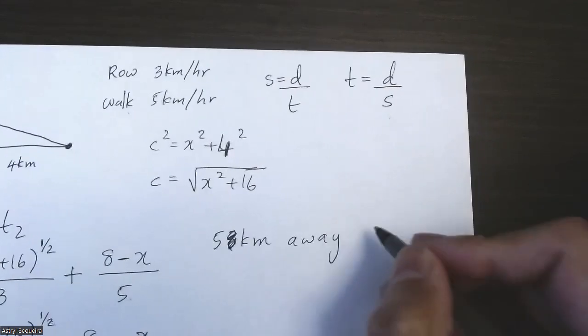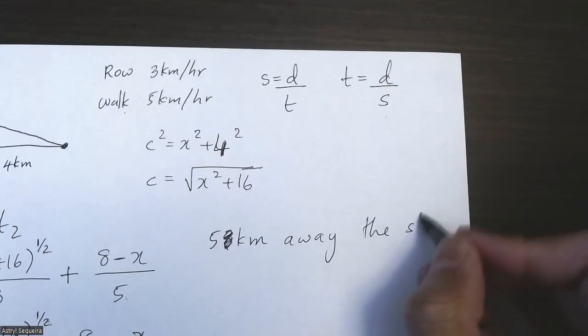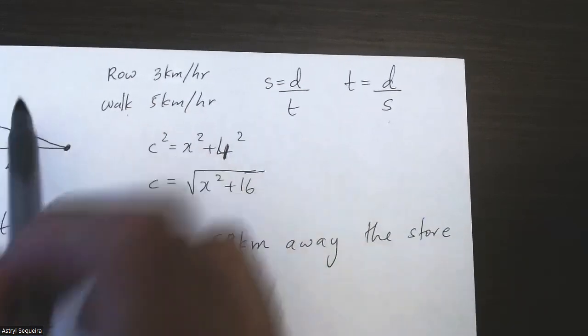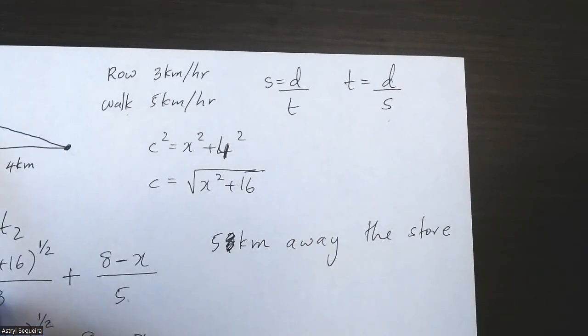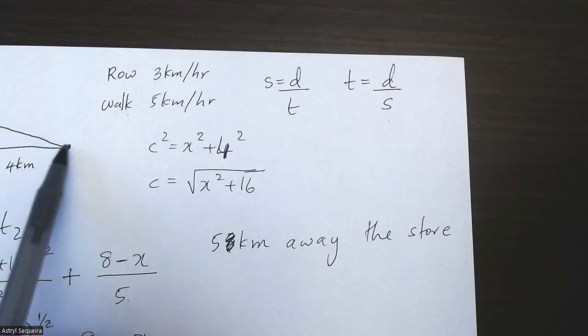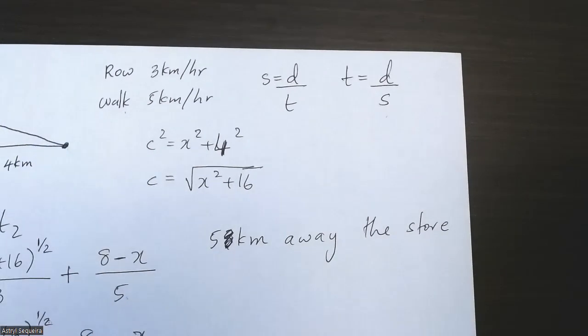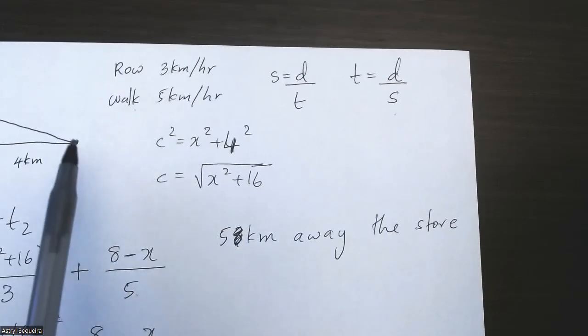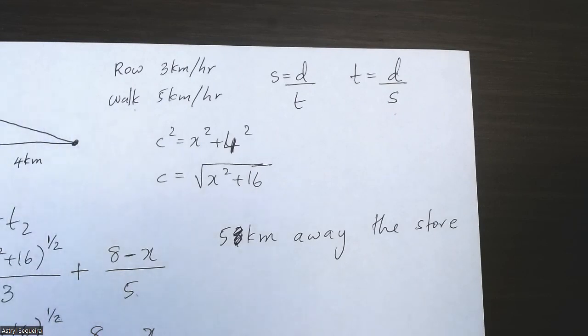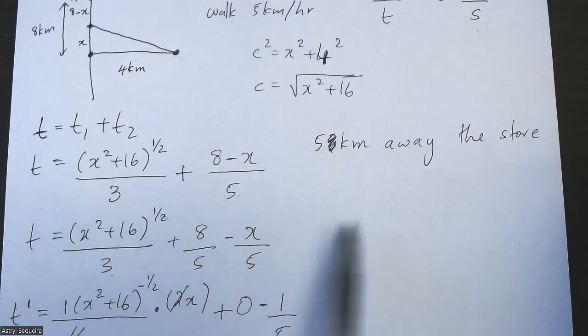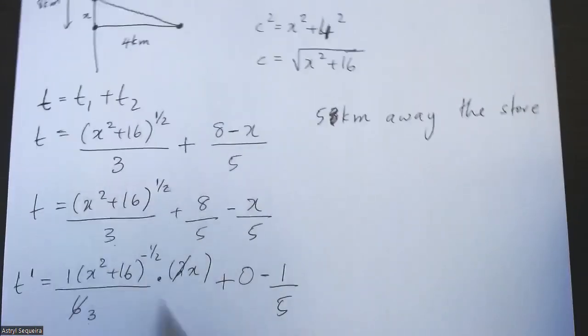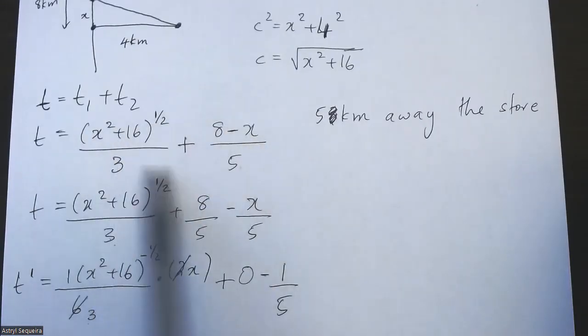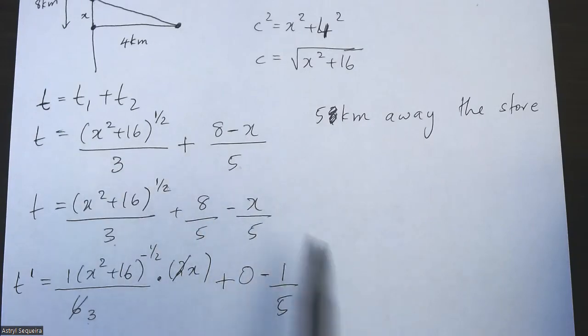So 5 kilometers away from the store. That would be his landing point. And if he lands over there, it will minimize the time that he takes to get from the island to the store. If you had to find the time, you could plug in the x value of 3 into this equation over here. It would tell you the minimum amount of time as well.